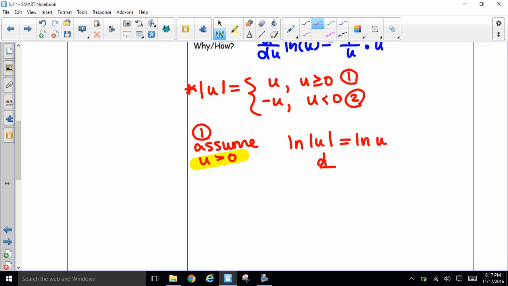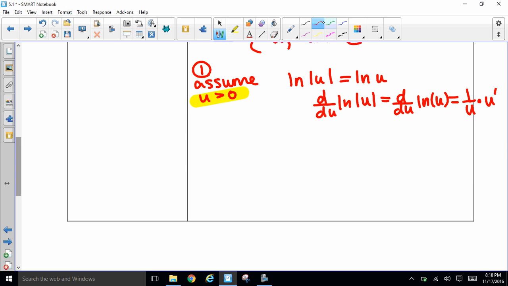So d by du of natural log of absolute value of u is equal to d by du of natural log of u, which is equal to 1 over u times u prime. That's the exact same as the regular definition.